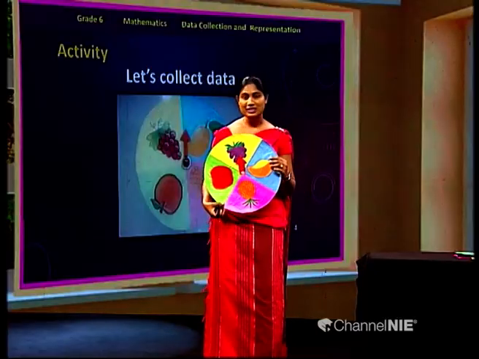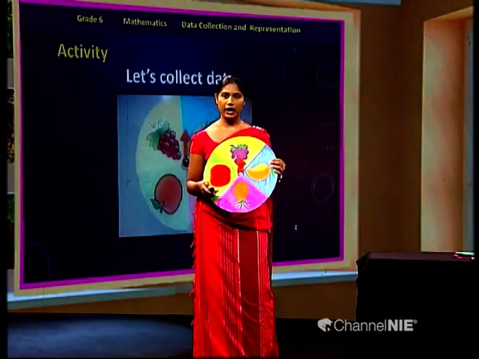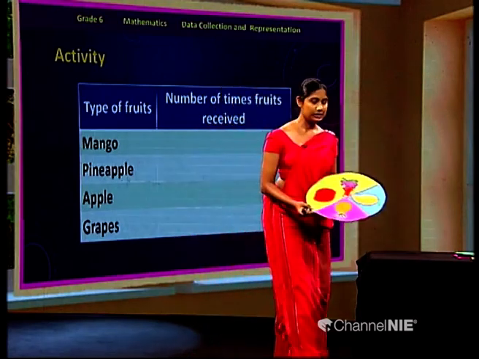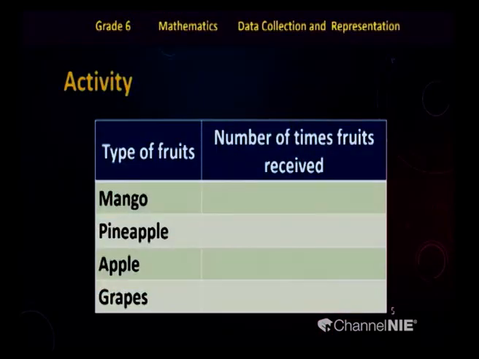Before starting this activity, you have to copy down this table. Just copy this down, children. Here you can see this table. It has 2 parts. One part is type of fruit. Another part, you have to complete by using this activity. In the first part, you have to write the fruits: mango, pineapple, apple and grapes.